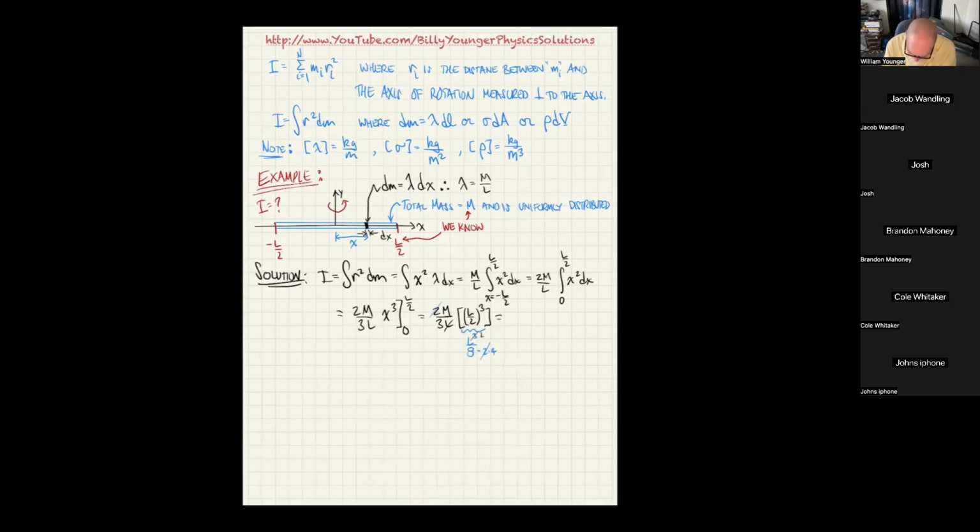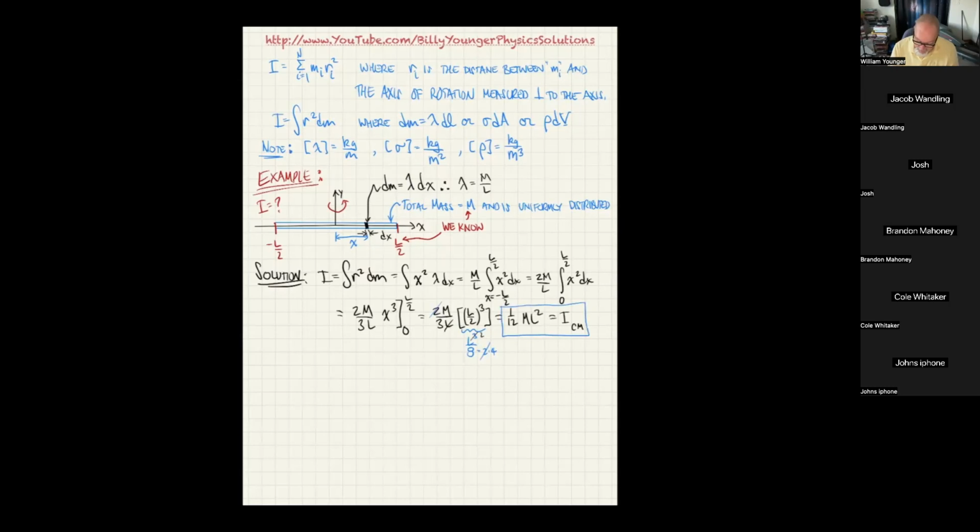So now that I've got all that written down, I get 1/12 ml squared is equal to I. And I'm going to subscript that cm, because really that is the moment of inertia when it's rotated about an axis through its center of mass.